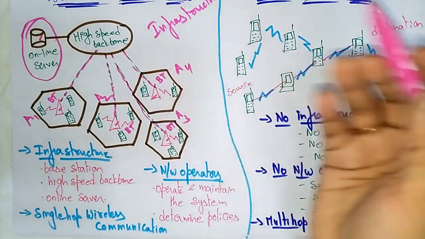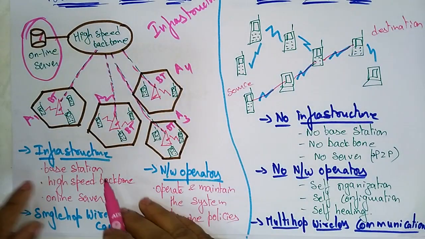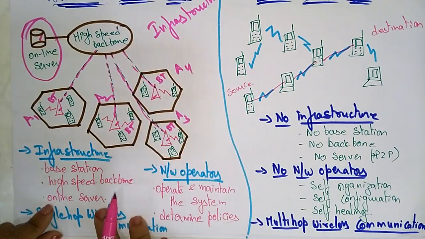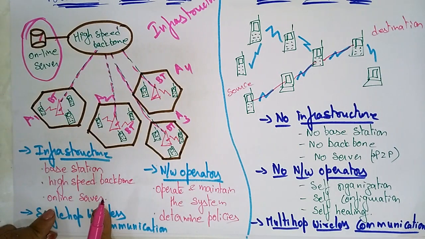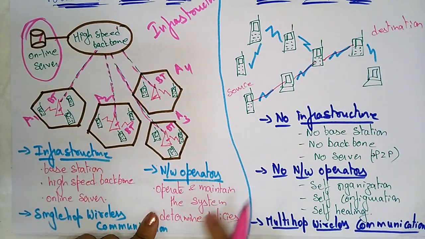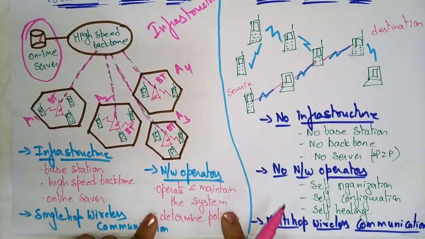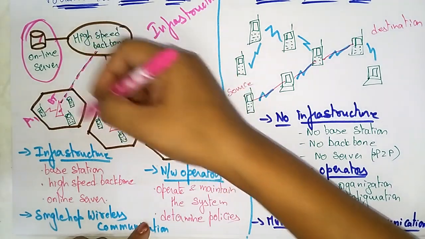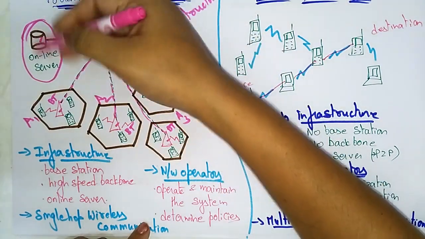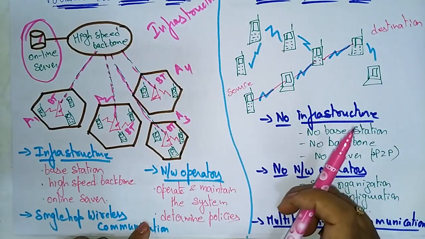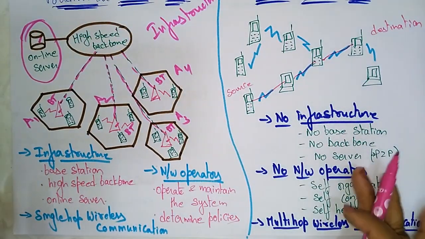The base station is an infrastructure, the high-speed backbone is an infrastructure, and the online server is an infrastructure. And here network operators are required, who operate and maintain the system and determine the policies. For each base station, and at the online server, network operators will be there to operate and maintain the system. Means a person is required here.